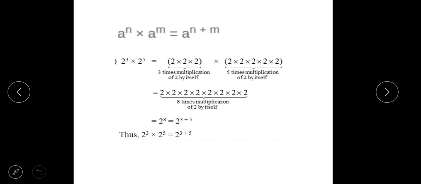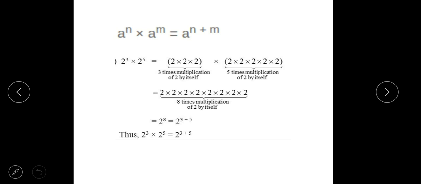Look at the first one. First law, a raised to n into a raised to m is equal to a raised to n plus m. If you got this question, 2 raised to 3 into 2 raised to 5, both are exponential forms with the same base. If we do this in the usual method of multiplication, 2 raised to 3 can be written as 2 into 2 into 2, and 2 raised to 5 is 5 times multiplication of 2 by itself, right?